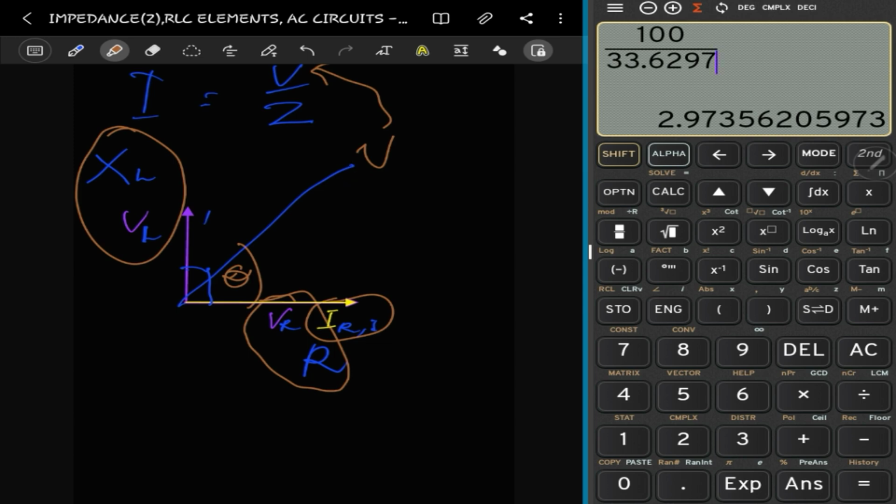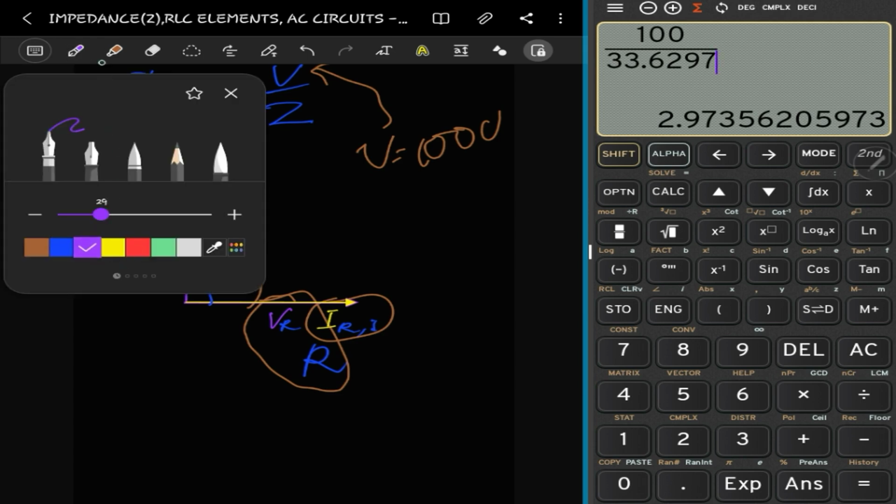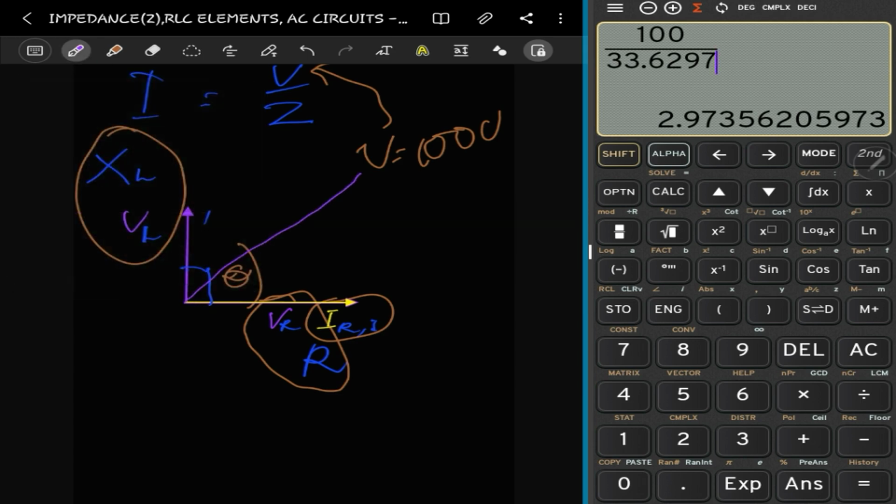And then the V that we'll have as a result of the sum, the whole voltage through it, which is the 100 volts from the supply, will be here. The vector of it will be here. Let's do this properly.